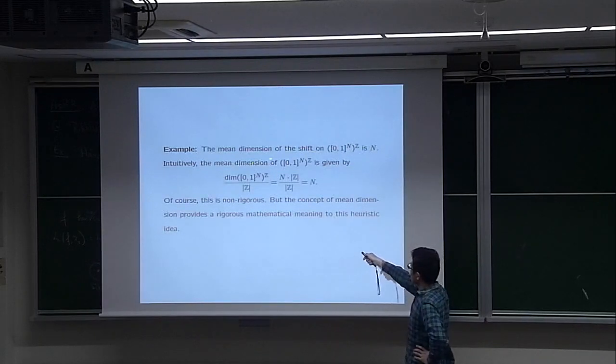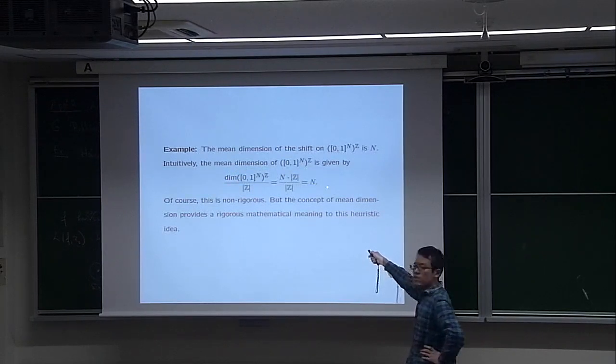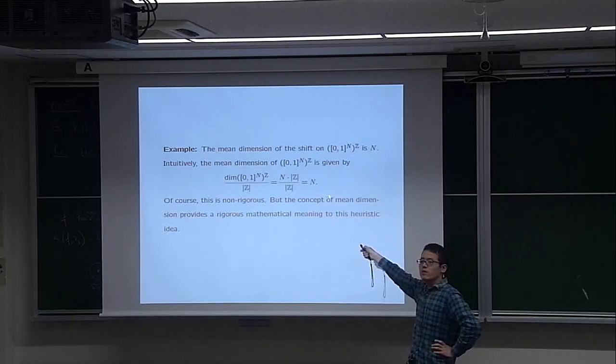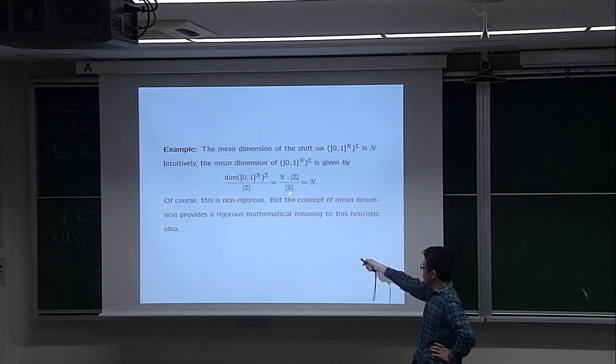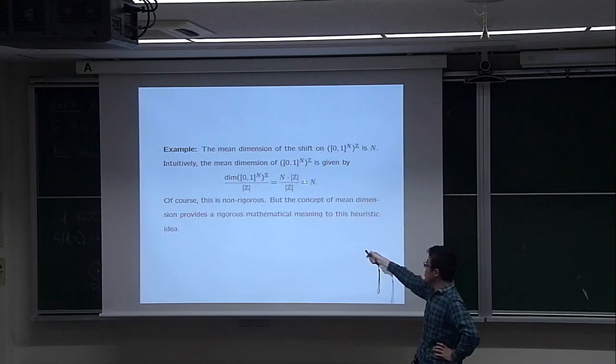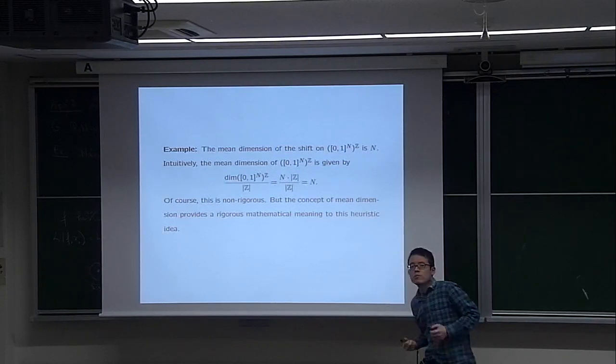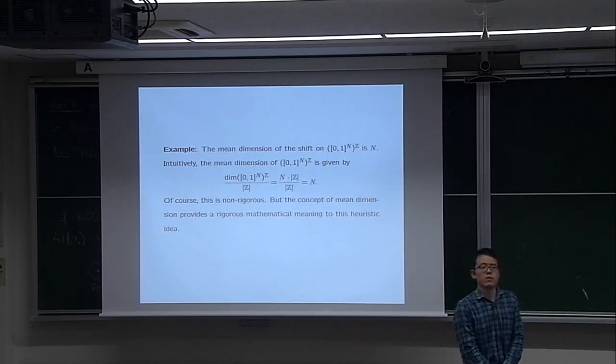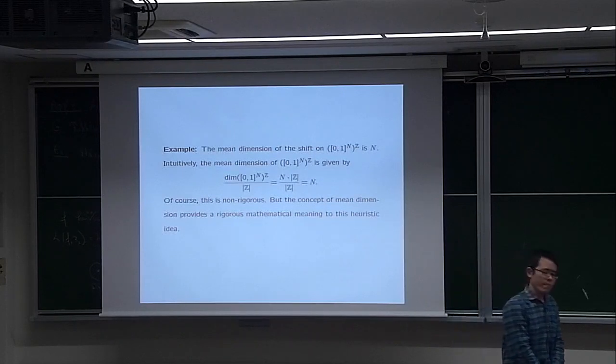Intuitively, the mean dimension of this system is given by this formula: the ratio between the dimension of the space and the order of Z. Heuristically, the dimension of this space is n times the order of Z, so we cancel and we get n. This is the intuitive meaning. Of course, this is non-rigorous because the order of Z is infinite. But the concept of mean dimension provides a rigorous mathematical meaning to this kind of heuristic idea.